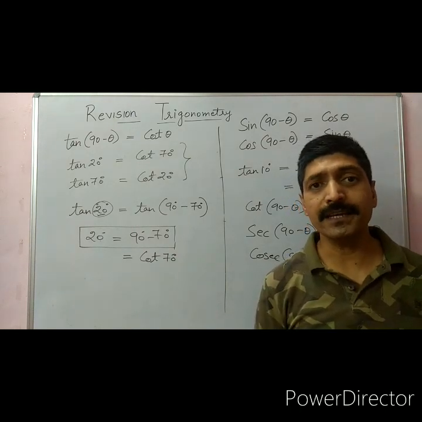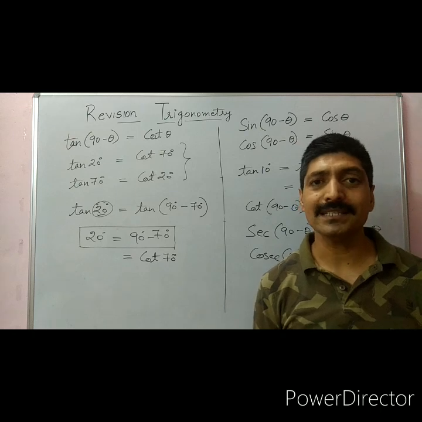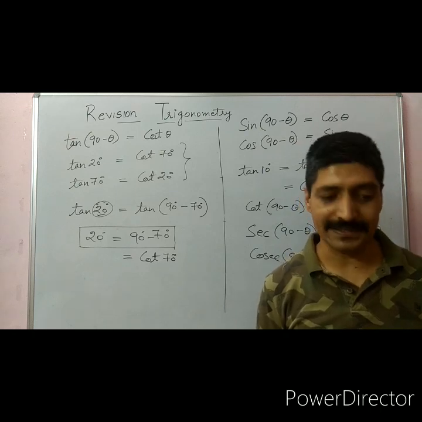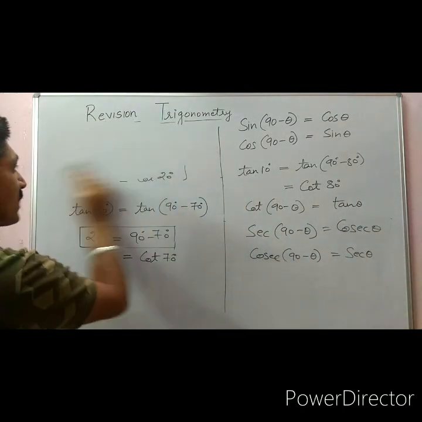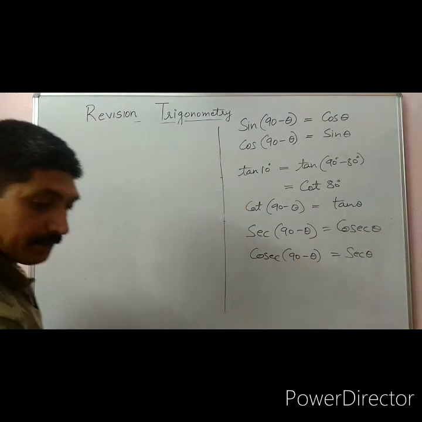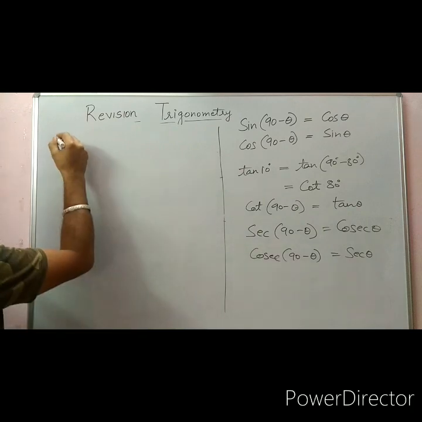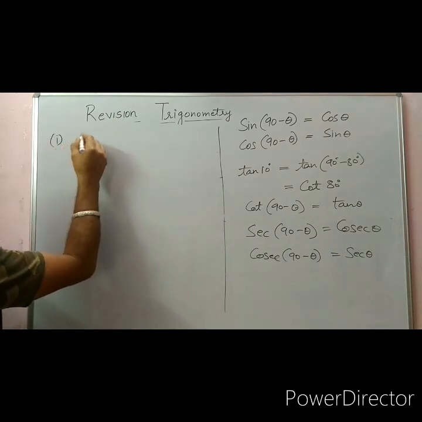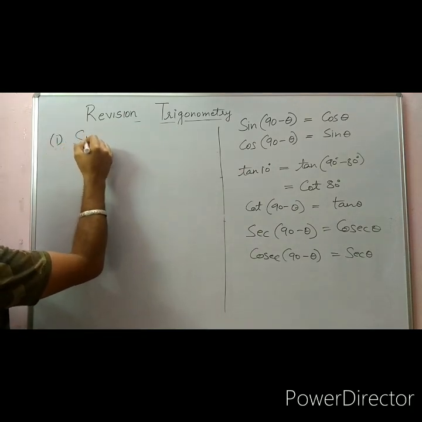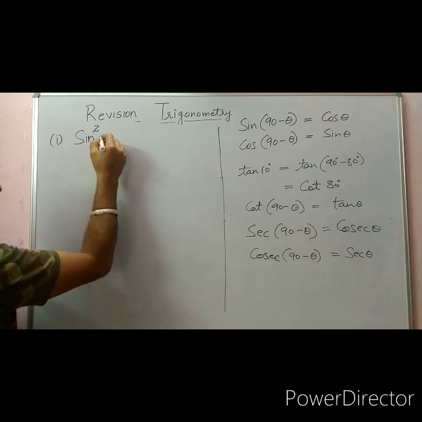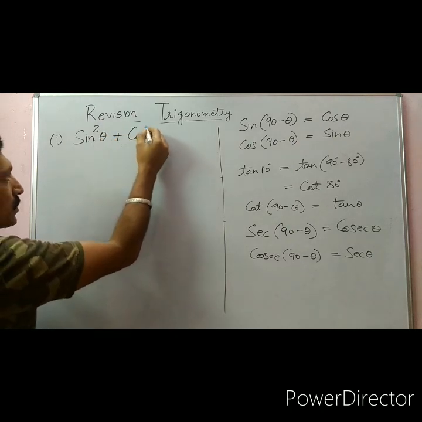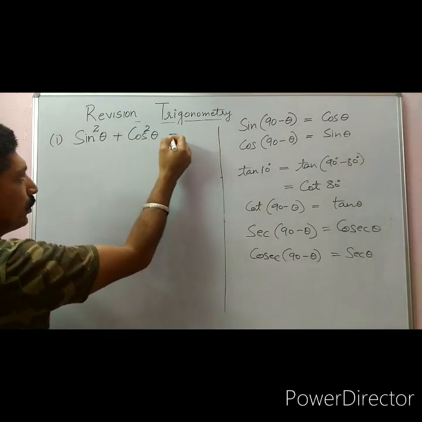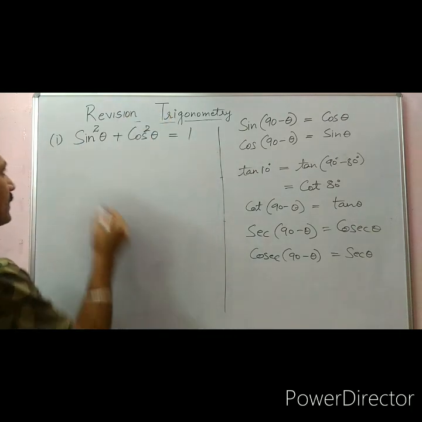Now the last very important topic, that is the trigonometric identities. We have discussed yesterday also. So we have three fundamental identities: sine square of theta plus cosine square of theta is equal to 1.